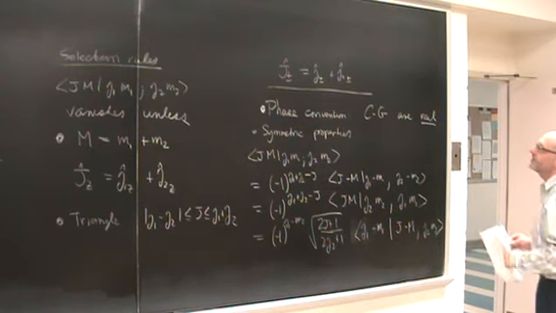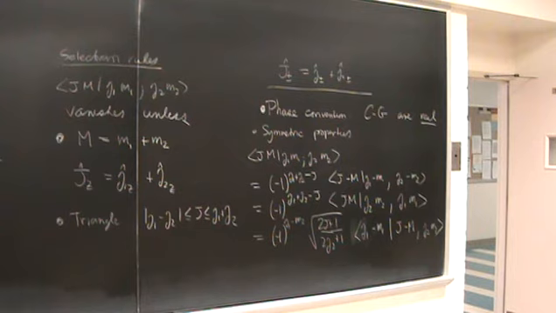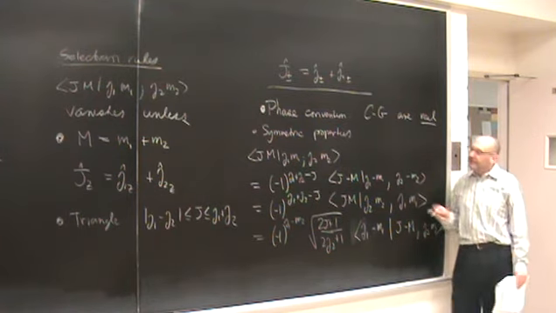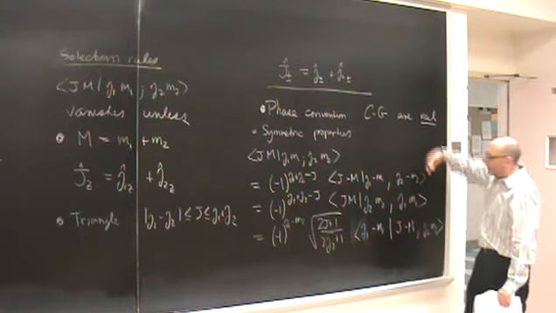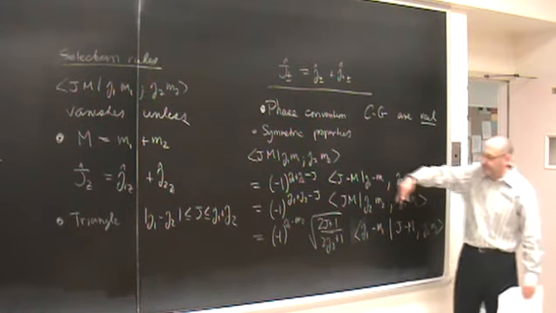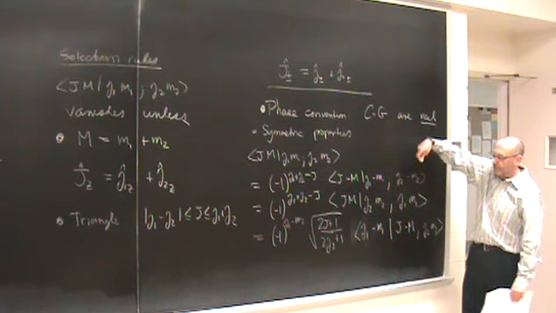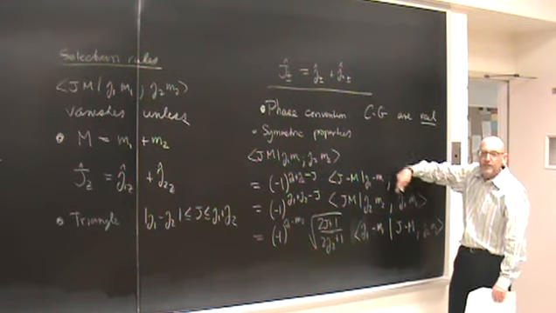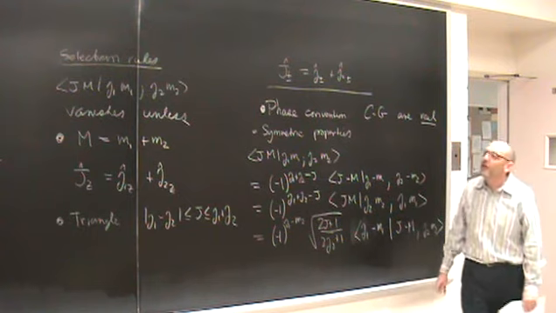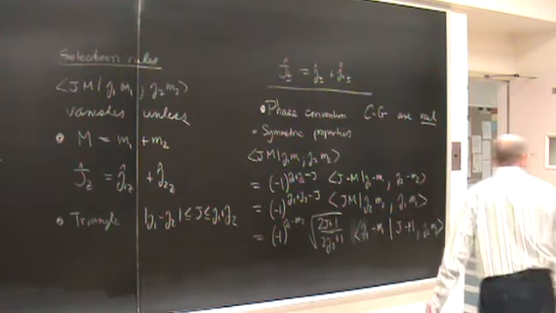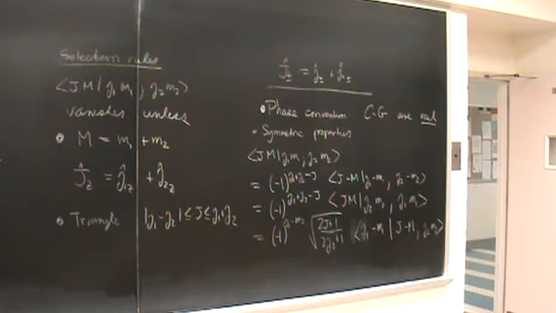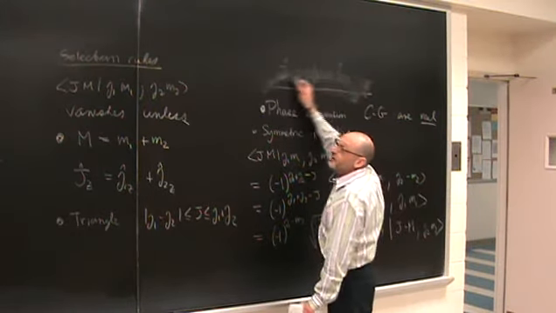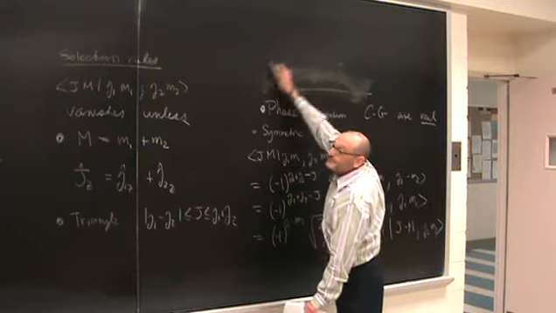Now, I should say one last thing, which is sometimes, because these guys don't have a nice property with respect to exchanging the different J1, J2, and J's, there's another way to express these things. Instead of the Clebsch-Gordan coefficients, you will sometimes see what is known as the Wigner 3J symbol. Okay?